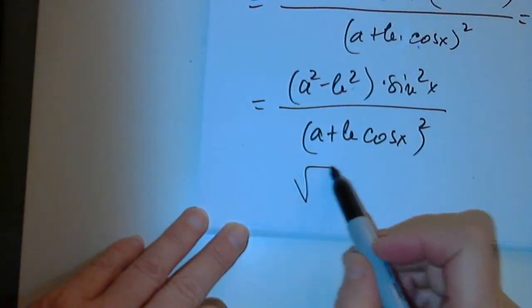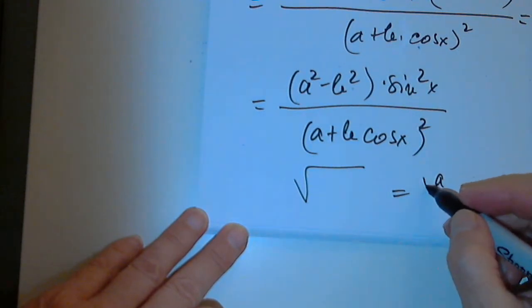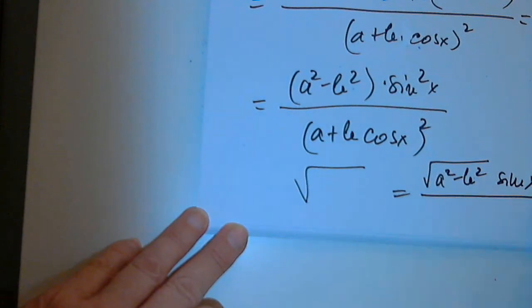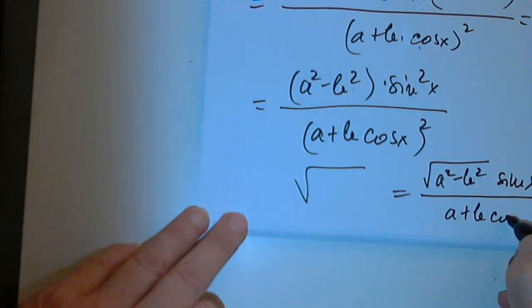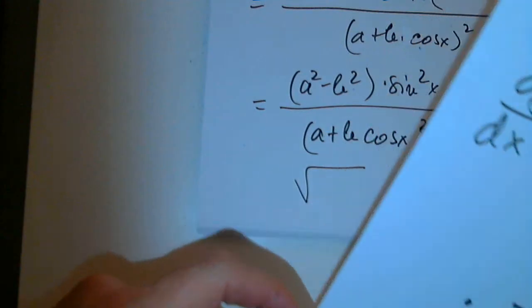And when I apply the square root from this, I will get the square root of a squared minus b squared sine x over a plus b cosine x. Now, I don't know if this would make any difference with the rest. Now I have to go back and take a look at what the rest is having there.